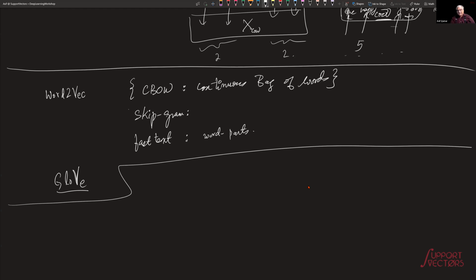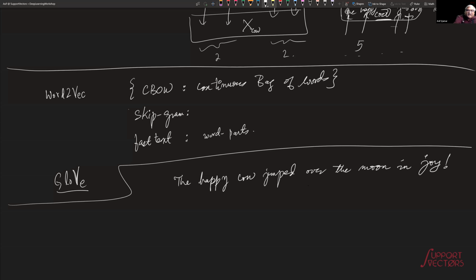So let's take a simple way. You take a sentence like the happy cow jumped over the moon in joy. Let's take a sliding window of size 5.